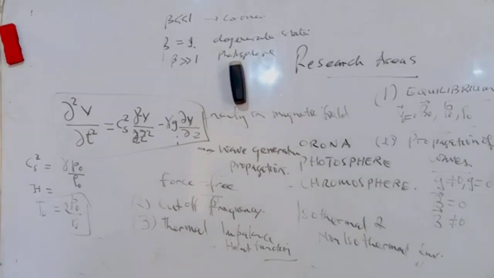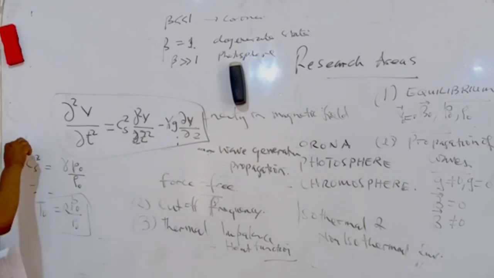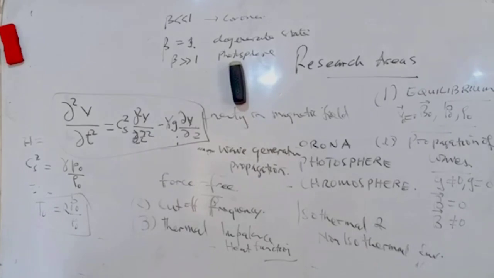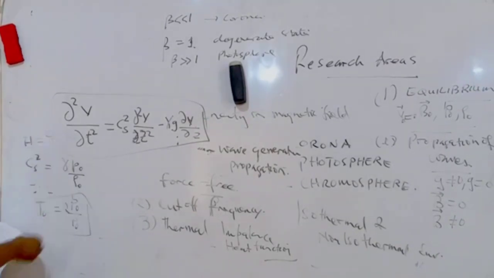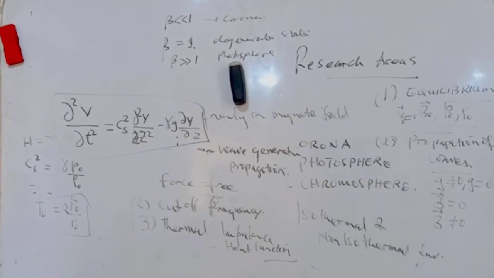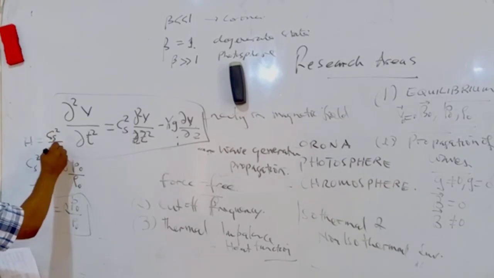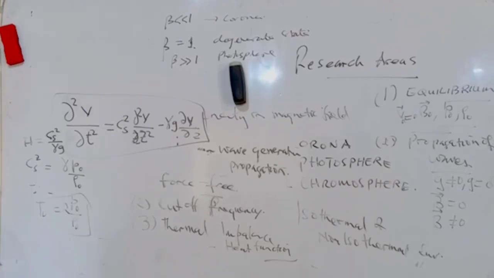H is actually given by Cs squared over gamma g. Is it not?